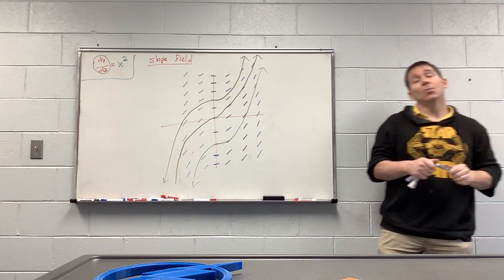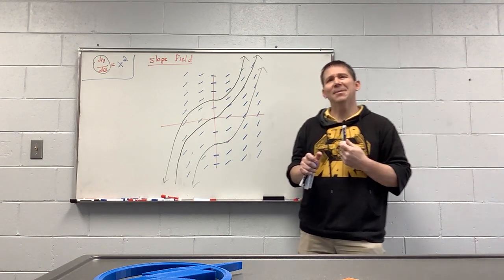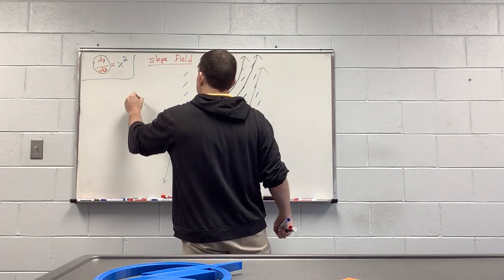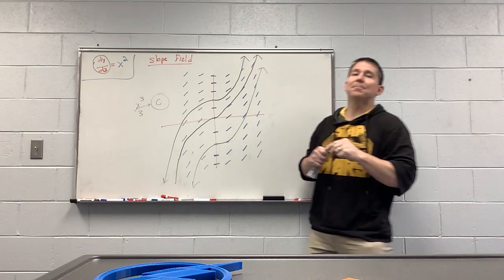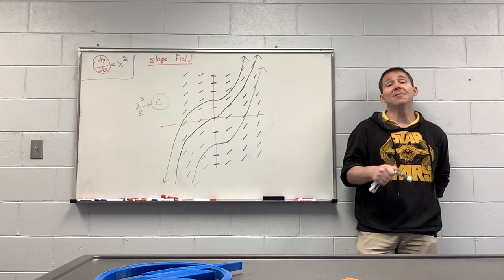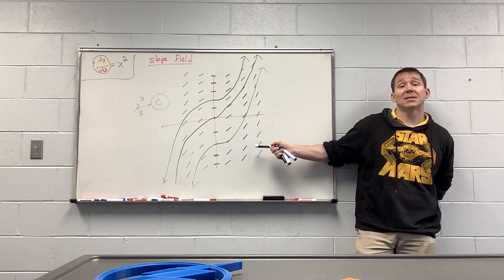In Calc 1, when you first learned antiderivatives, you talked about a family of solutions. That's why when you anti-differentiate this, you always have that plus c. Because you do not get one solution, you get an infinite number of solutions, which is what this actually shows us.